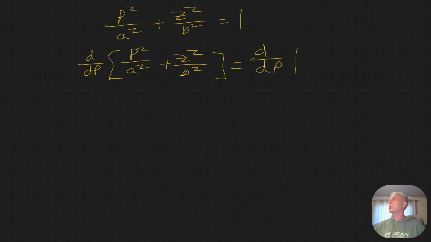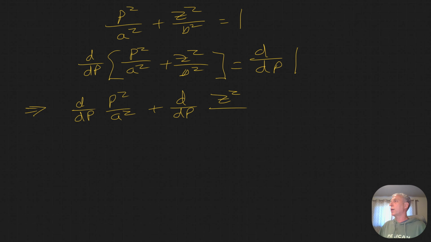So let's do it. We're going to solve for our derivative. This is the same as d/dp of p squared over a squared plus d/dp of z squared over b squared equals 0.